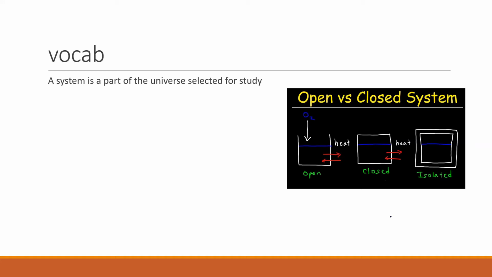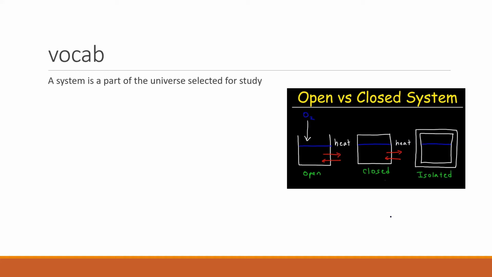A system. Now I keep reusing this word, a system, and most of you guys have not questioned me, so I'm going to assume that most of you guys sort of understand what it means. But just so we know, a system is a part of the universe selected for study.